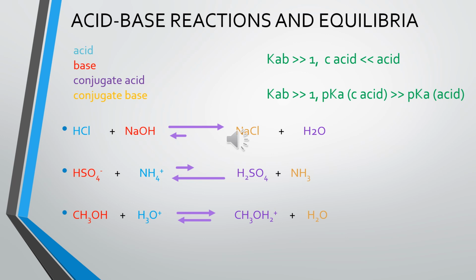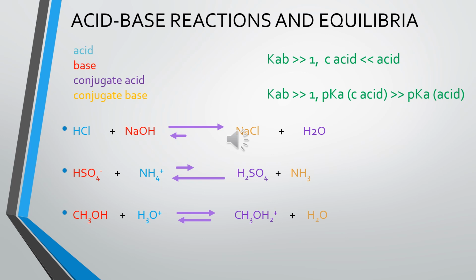Well, remember the position of the equilibrium, and this is KAB, right? If KAB is much greater than 1 and the equilibrium lies far to the right, that occurs when the conjugate acid is much weaker than the acid. You can see that in this slide, right?